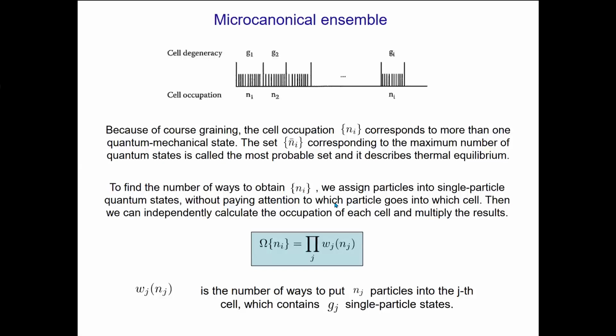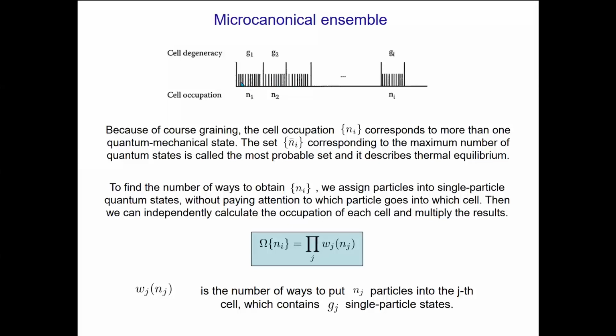So we assign particles into single particle quantum states without paying attention to which particle goes to which cell. For example, these are different cells, and we don't actually pay attention to whether particle 1 goes to cell 1 or 2 or 3.